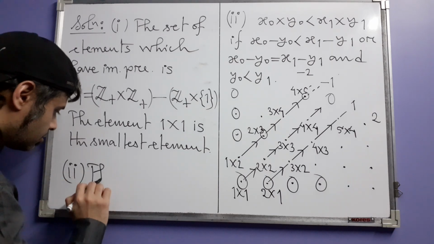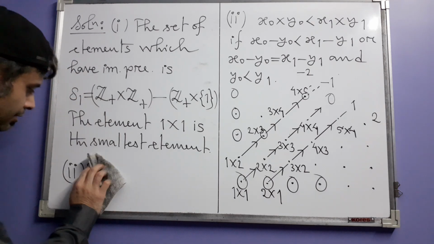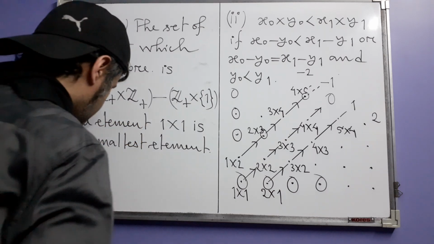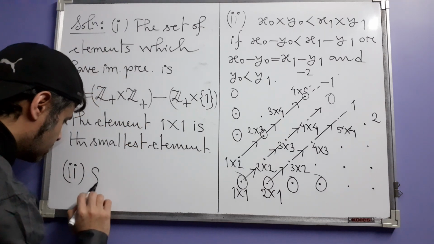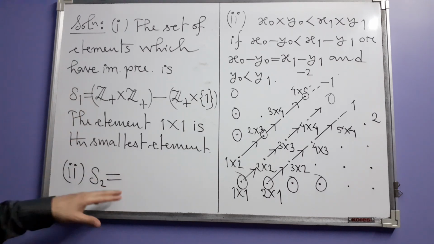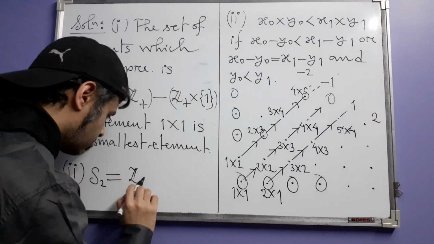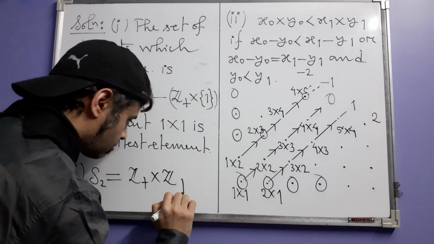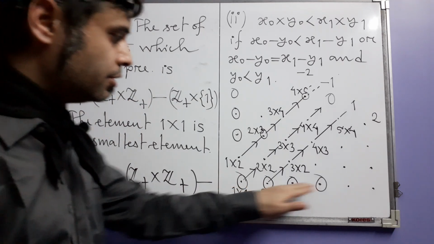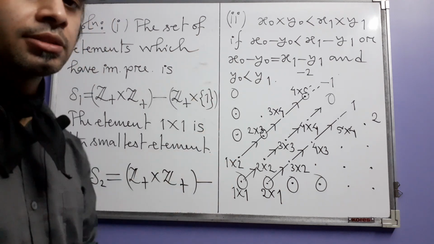The set, no need to write it again and again. You can write a formal solution itself. The set whose elements have immediate predecessors, or to put it more simply, the set S2 in this case in place of S1 is this. This time we have to rule out these points which previously also we ruled out, but these points as well.